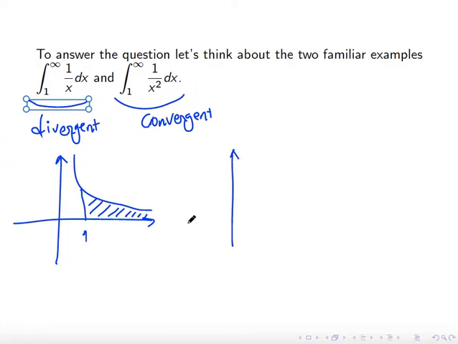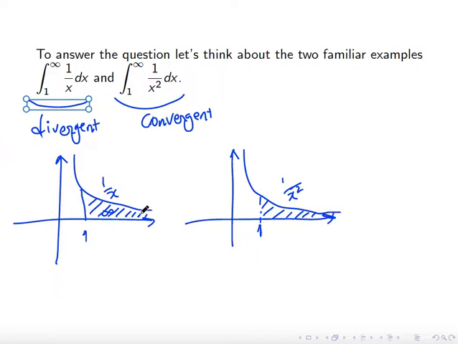The only difference is that 1 over x squared approaches the x-axis much faster than 1 over x, so the area below the graph of 1 over x from 1 to infinity is infinite, but the area below the graph of 1 over x squared and above the x-axis is a finite number.